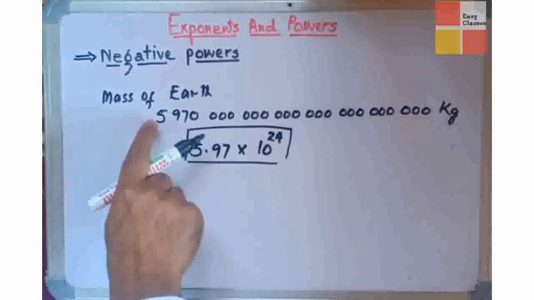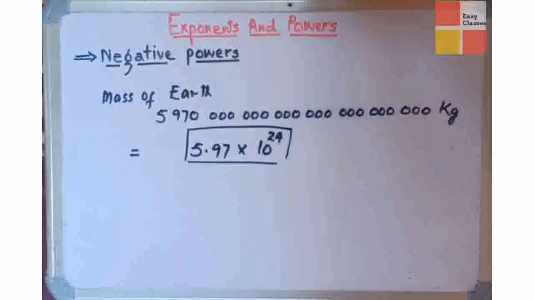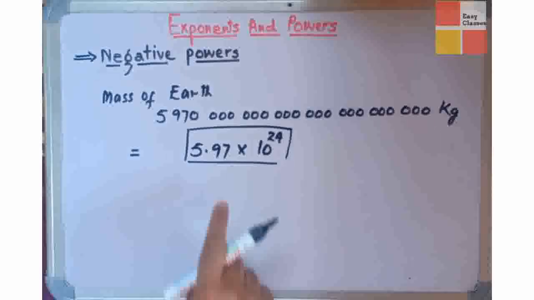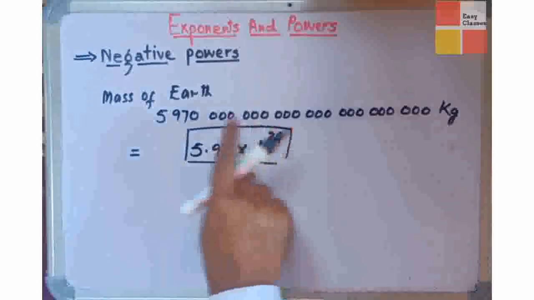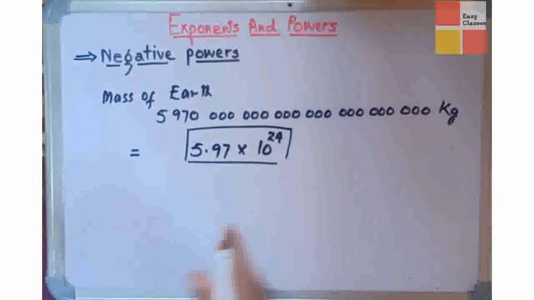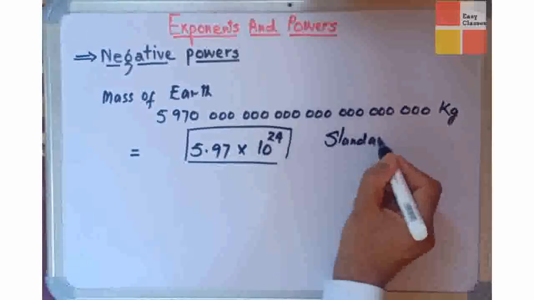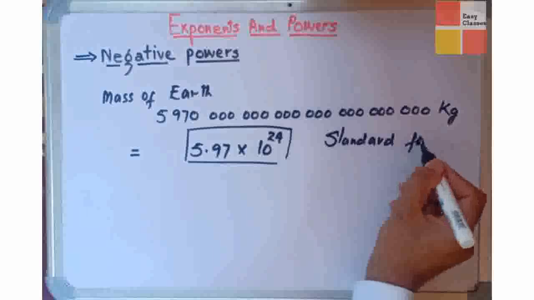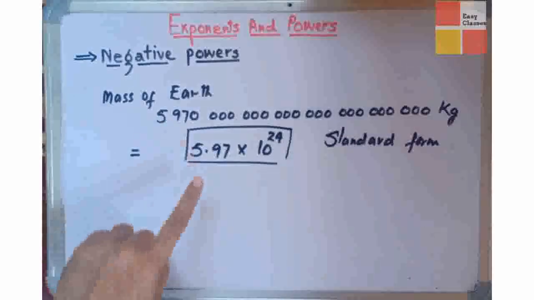How can we put this very large number, having a lot of zeros, 22 zeros, in this simpler form? Okay, this is called the standard form. It is very easy to put this number into this form.